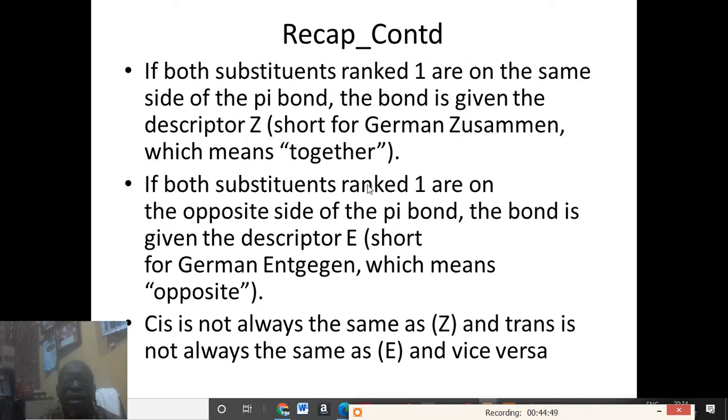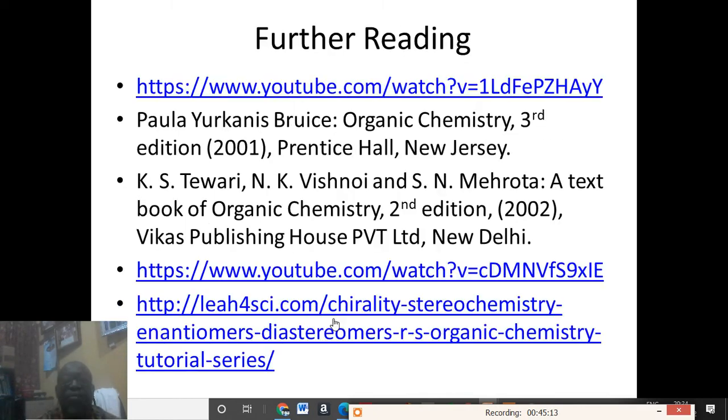If both substituents ranked 1 are on opposite sides of the pi bond, the compound is given the descriptor E, short for the German Entgegen, meaning opposite. Cis is not always the same as Z, and trans is not always the same as E, and vice versa.